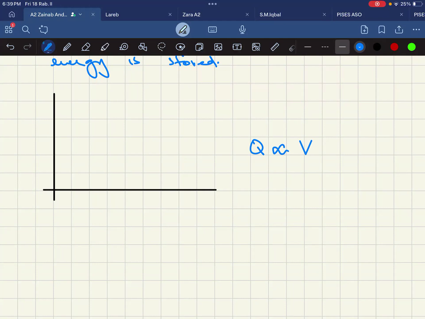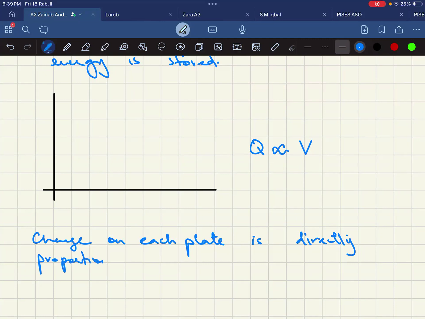So I can say that, even writing in words, charge on each plate is directly proportional to the potential difference across the two plates.